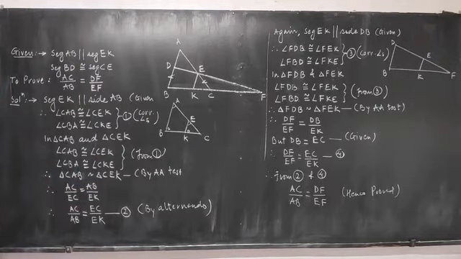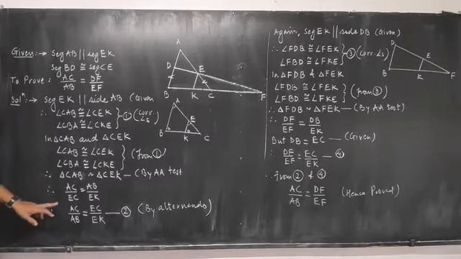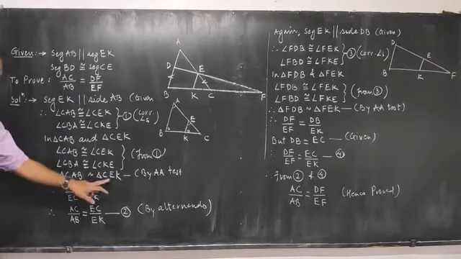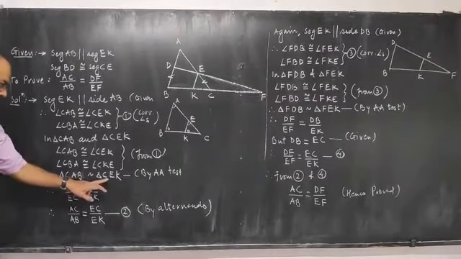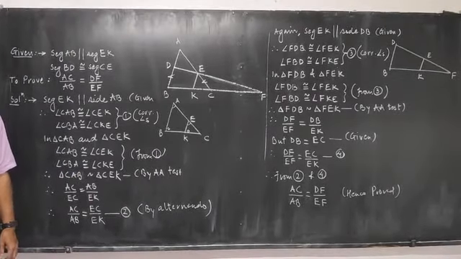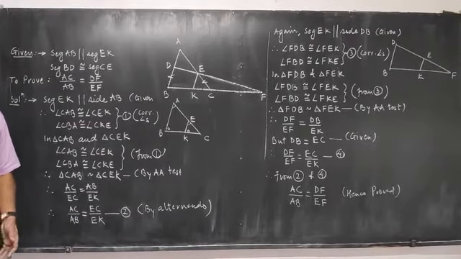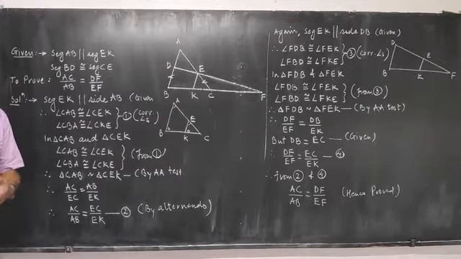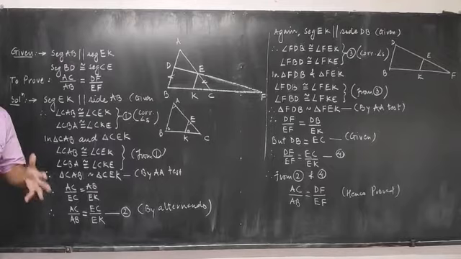How to write the correspondence, that we have seen in enough number of examples in the syllabus. Therefore, now from this similarity of two triangles, we get two conclusions. Corresponding angles are congruent and corresponding sides are proportional.